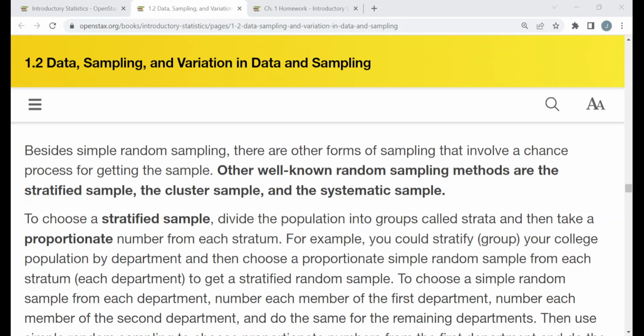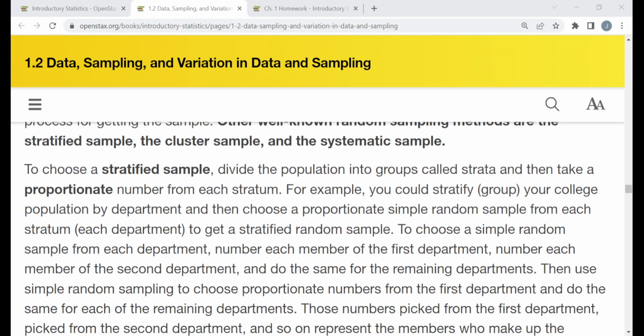You take the members of the math department, pick maybe a quarter of them or a third of them or whatever you want for the sample out of the hat, and then you pick about the same proportion of people out of a hat or a random number generator from the history department, the biology department, the chemistry department, blah blah blah. Right? You do it for every single department in the college.